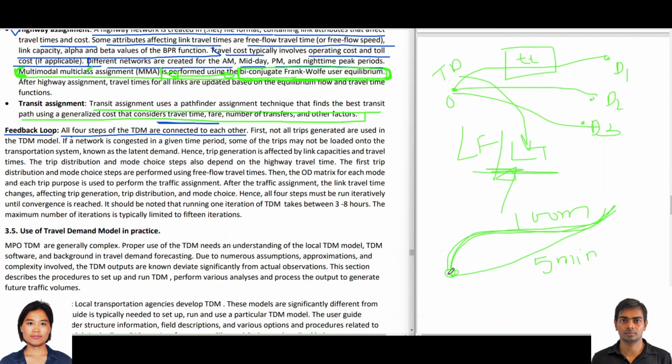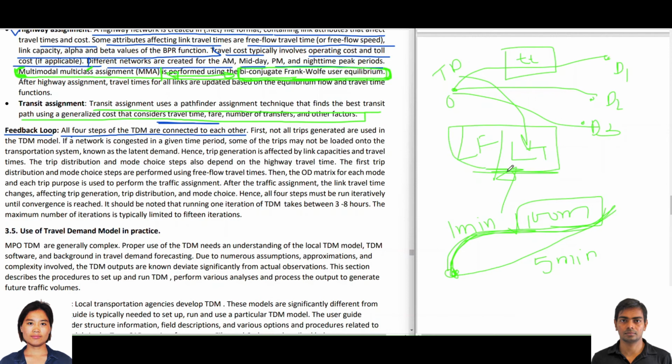Then the user may choose the transit because it's relatively much faster than using the car. But let's say instead of 100 minutes, this road is 1 minute, and then the person may consider driving their own vehicle because now this is much faster than transit.